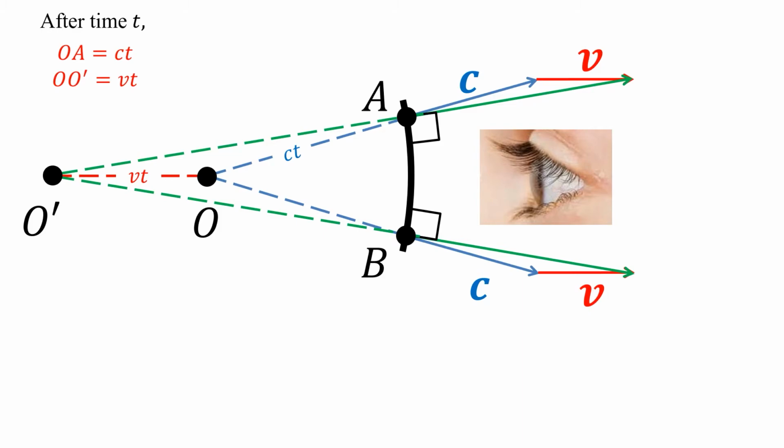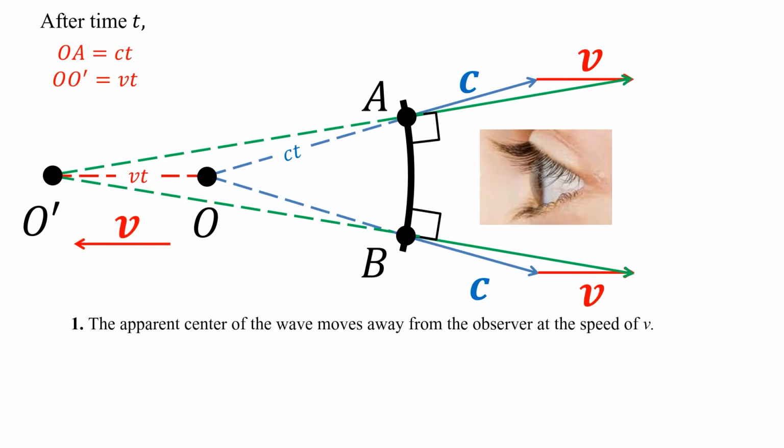So while the real wave travels from the origin O to the point A at the speed of c, the apparent center displaces from O to O' at the speed of v. For illustrative purposes, we have shown the angle between the two rays OA and OB very large.